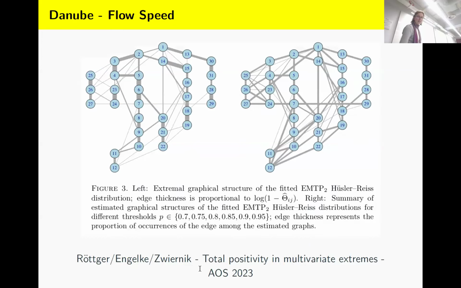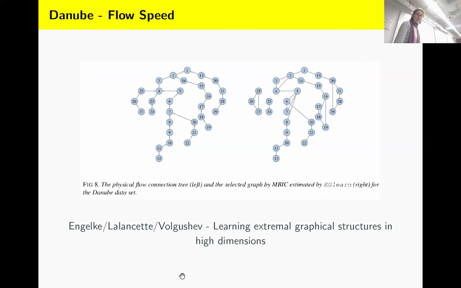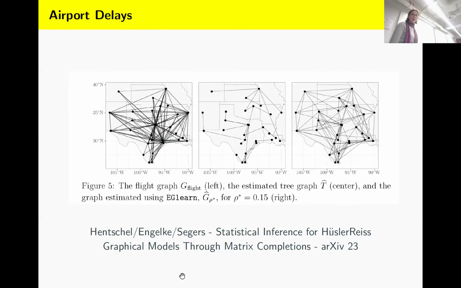This kind of example has been used in some of the other follow-up papers as well. I think this is also the same network where estimation has been carried out. Airport delays is another example where structure learning has been applied. For airport delays, it is typically the extreme delays that are of interest.